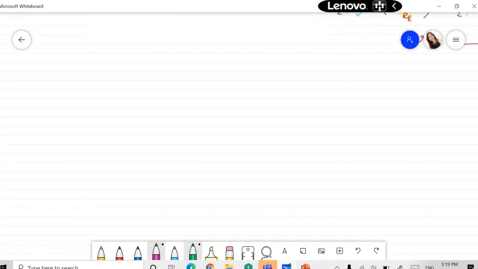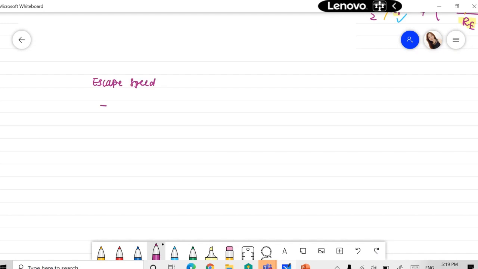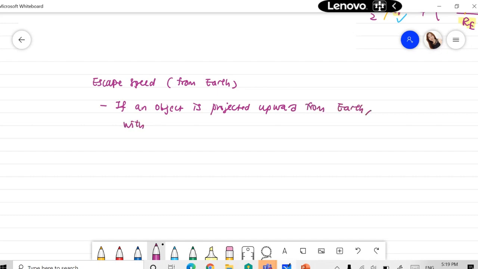So let's derive it out, yeah? Escape velocity. Okay, let's say I refer to escape speed from Earth. If an object is projected upward from Earth with a large speed, if the speed is large enough, the object will fly to infinity.